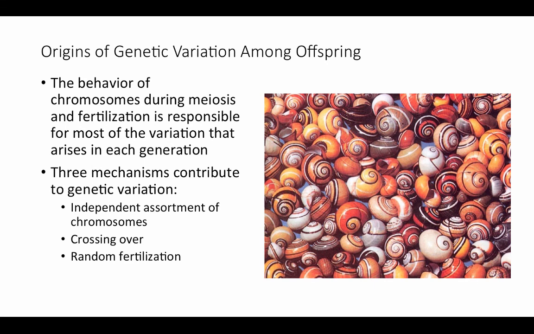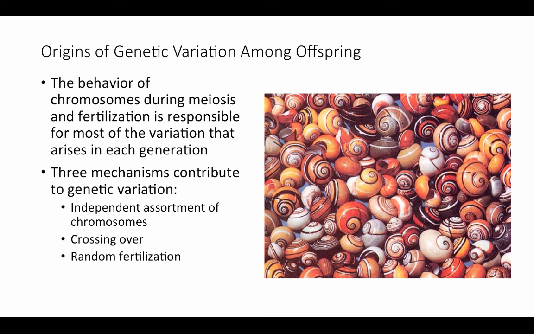So we've seen 3 different mechanisms that can contribute to that genetic variation. Let's just review them in the context of producing genetic variation. We saw the independent assortment of chromosomes during meiosis, so that you can have different combinations of maternal and paternal chromosomes in each gamete.